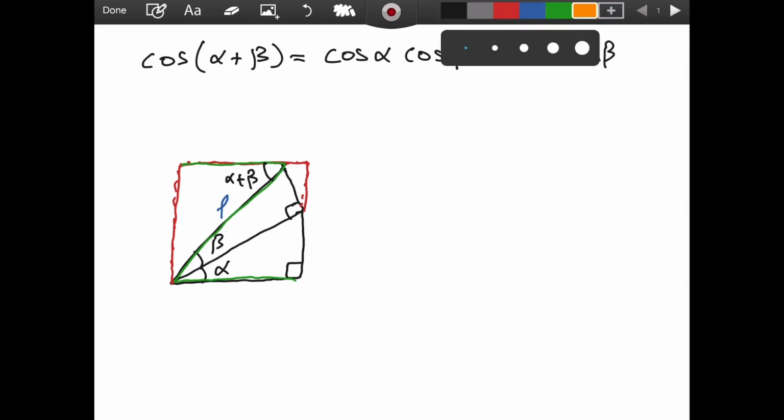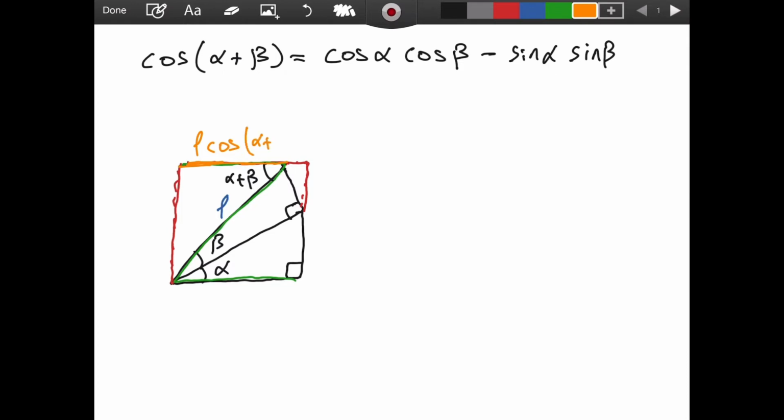And now if I consider this triangle, the one that is in orange right now, then I can say the hypotenuse is L, and if I look on this side, starting here and ending here, it is going to be, let's color code it, the hypotenuse, which is L, times cosine, because this is the adjacent side to our alpha plus beta angle.